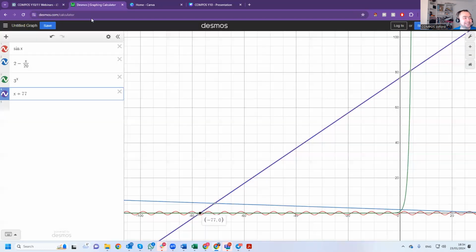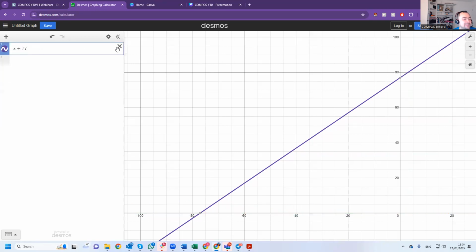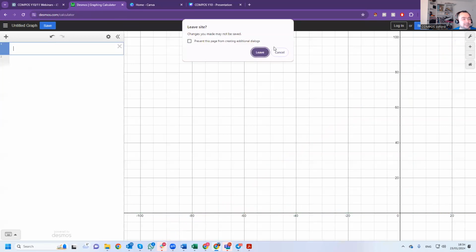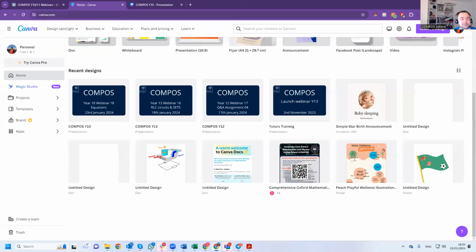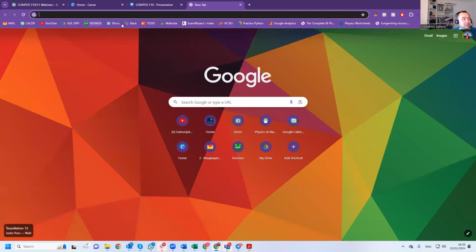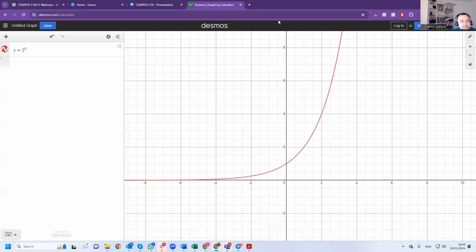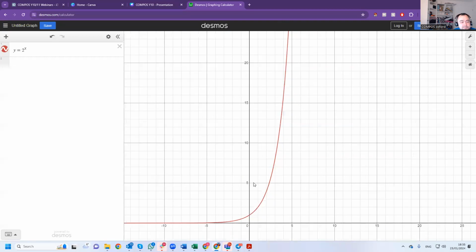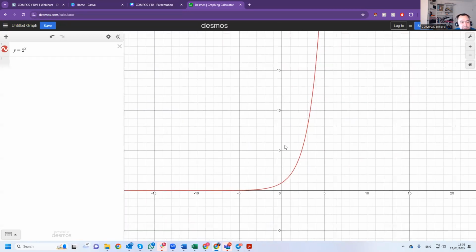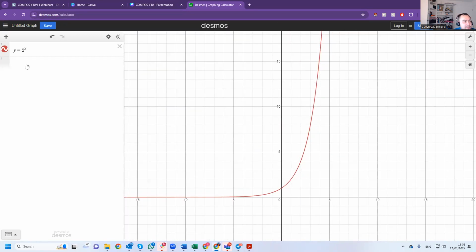And of course, if we draw it, actually, you know what? Y equals 2 to the power of x. So here's the graph. Okay, that's the graph of 2 to the power x.